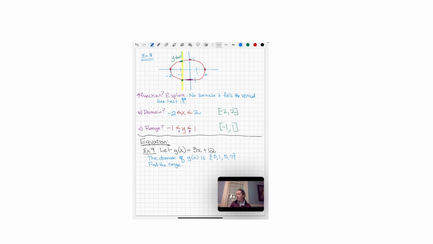So I have 0, 1, 5, and 7. I want the range. That just means we substitute, because I remember that domain is code for x values. So I just got to take each of those x values and substitute them in.